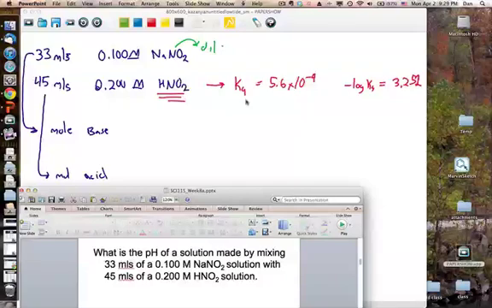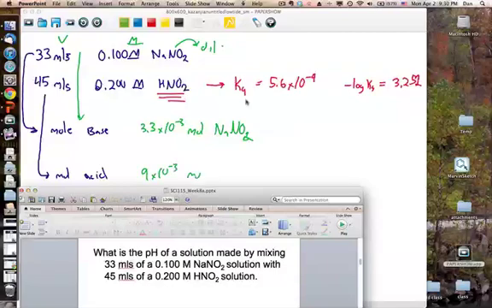So volume and molarity together give us the moles. So this is 3.3 times 10 to the minus third moles of sodium nitrite, 9 times 10 to the minus third moles of our weak acid, nitrous acid, and we have our pKa.